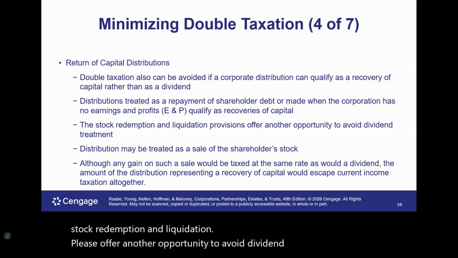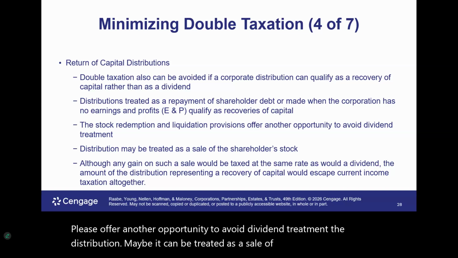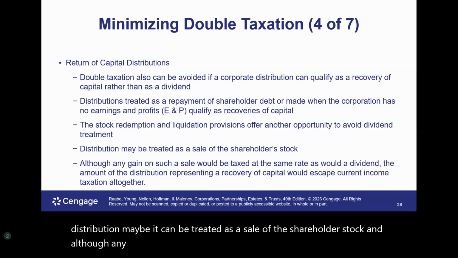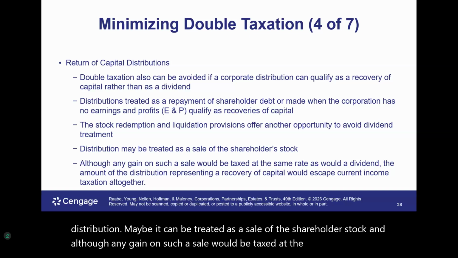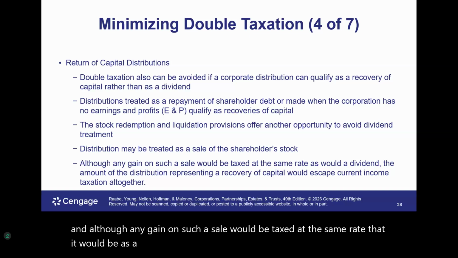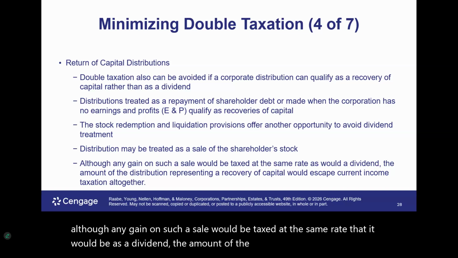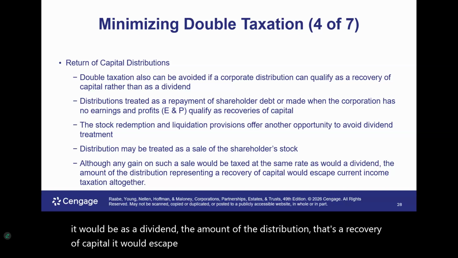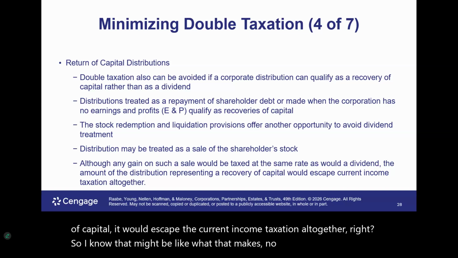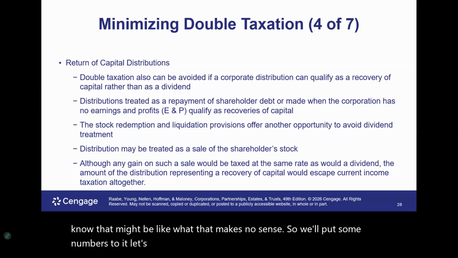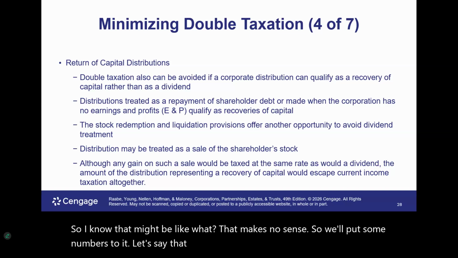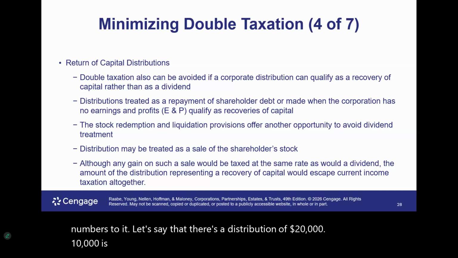The distribution may be treated as a sale of the shareholder's stock. And although any gain on such a sale would be taxed at the same rate as a dividend, the amount of the distribution that's a recovery of capital would escape current income taxation altogether, right? I know that might sound like, what? That makes no sense. So we'll put some numbers to it. Let's say there's a distribution of $20,000. $10,000 represents the dividend, and $10,000 is the recovery of capital.